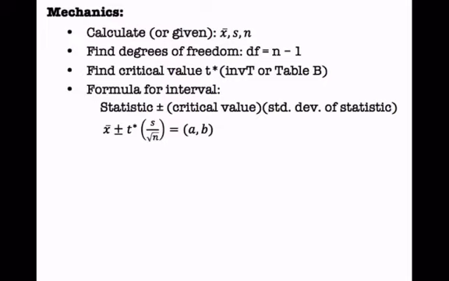But each piece is a little different. So the statistic is your x bar, your mean, plus or minus. Your critical value is t star. And the standard deviation, when I'm working with means, is sigma divided by the square root of n. We don't know sigma, so we would use s there. And that'll give us our interval.